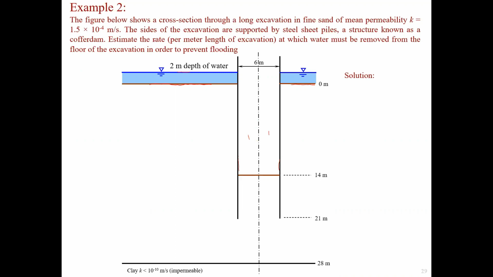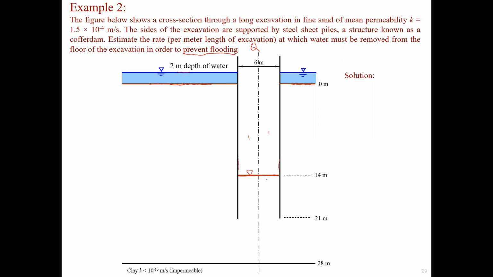We are required to estimate the rate per meter length of excavation at which the water must be removed from the floor of the excavation in order to prevent flooding. So in other words, we are required to calculate the seepage Q. Because it's to prevent flooding, we need to maintain the water at this excavation level.